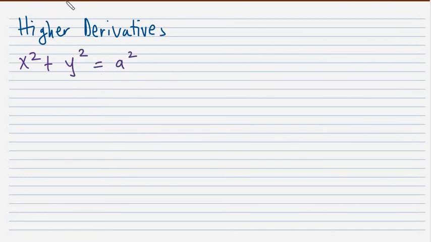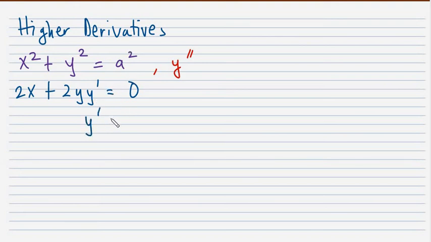So that is an implicit function. And what if you are asked to solve for y double prime, or the second derivative? So let's first solve for the y prime, the first derivative. So 2x plus 2y y prime is equal to 0, a being a constant.